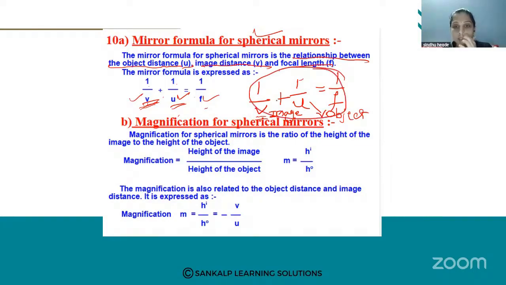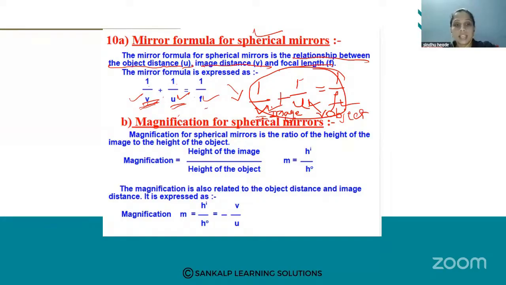At that time you only need to remember what is u, what is v, and what is f here, and what formula to substitute to solve those problems. That's why I'm telling these formulas are very, very important.